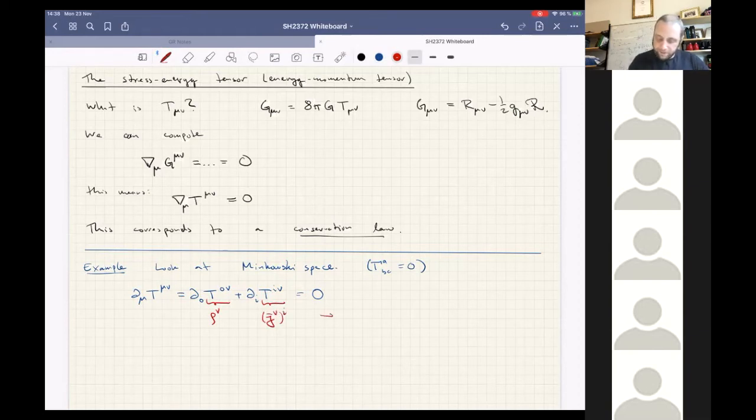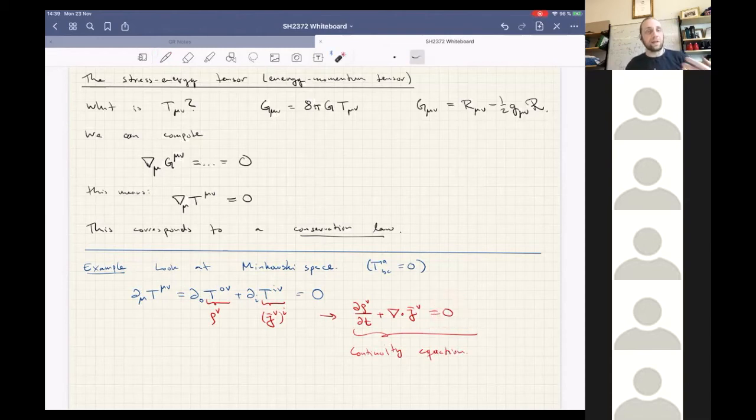If I do this, then what this is saying is that d rho nu dt plus the gradient of j nu is equal to 0. And this is the continuity equation, without the source, which means that something here is conserved. So this is corresponding to a conservation law. And that's why I'm saying that it is.